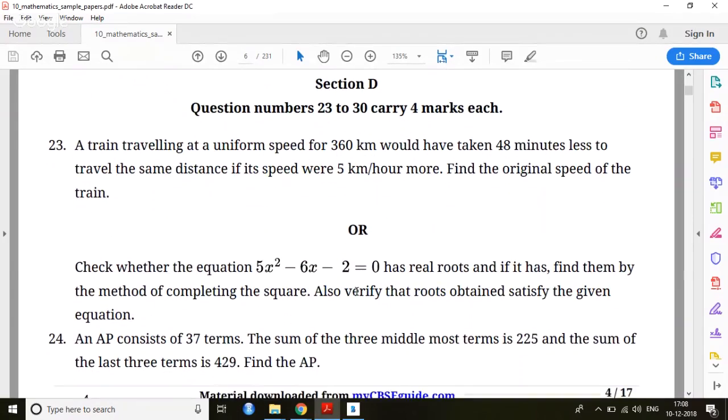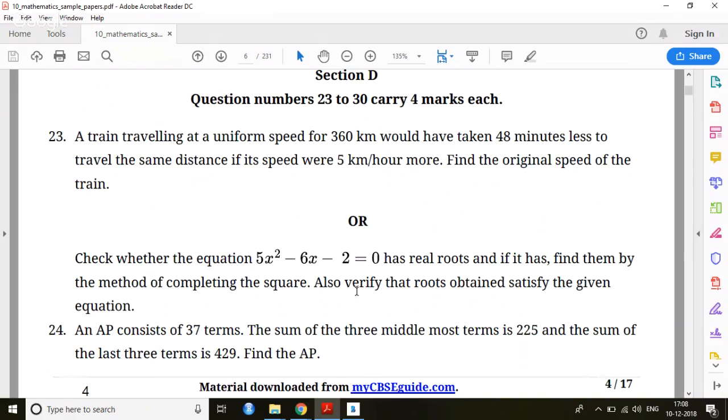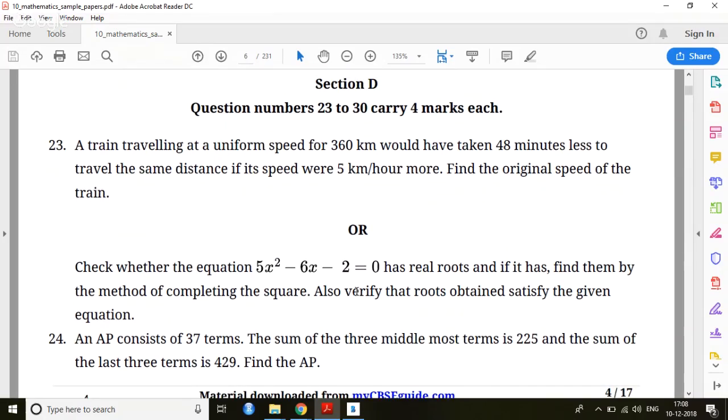Do you want to continue, guys, or do it some other time? I have uploaded the other section. Start solving.